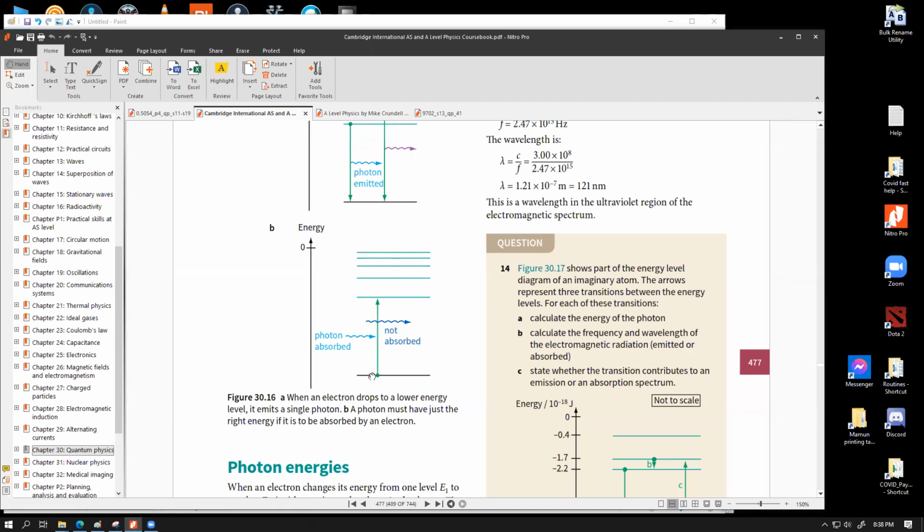If you are sending a photon which exactly matches the gap size of the two bands, then that photon will be absorbed. But other photons which do not match the gap in between will not be absorbed. They will simply pass through. Those electrons would not even take those photons because they cannot make a logical jump absorbing that photon.